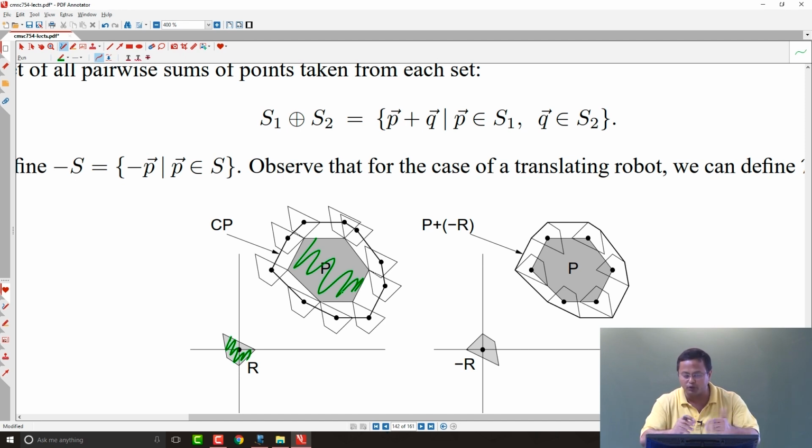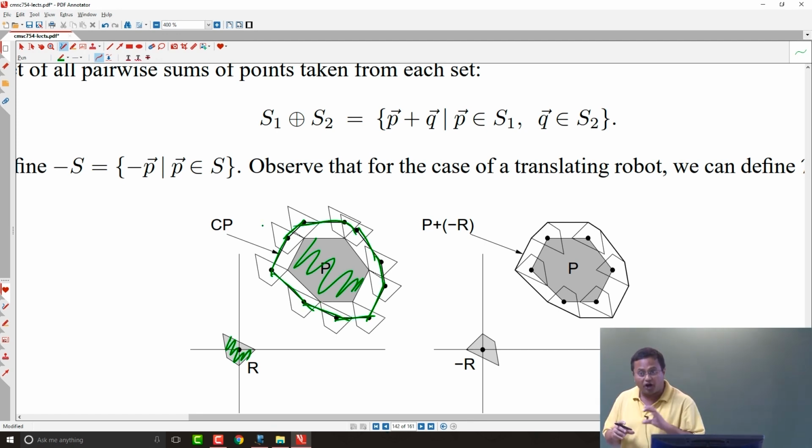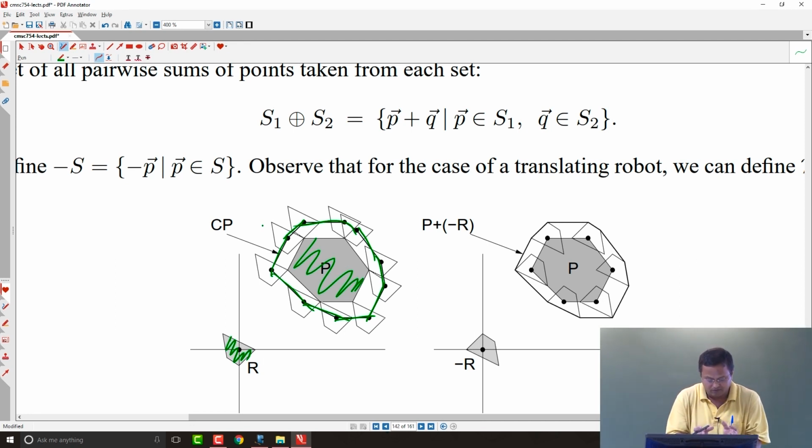So, the way you do it is, you take a reflection of this around the center. Think of this, this is the forbidden zone, no. But how do I find this forbidden zone? Translating it around is not a very good thing to do.